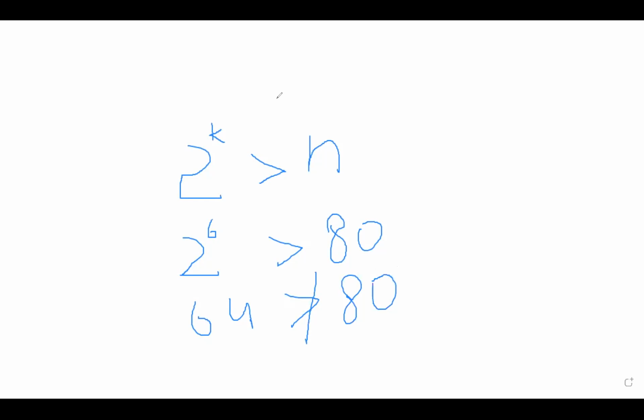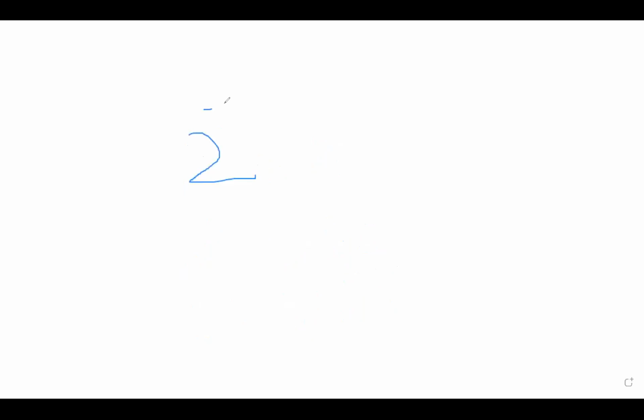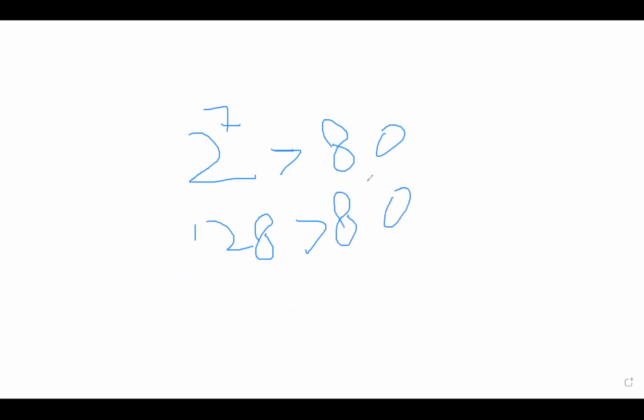So we need to move on. So 2 raised to power 7 is greater than or equal to 80. 128 is greater than 80. So yes, this is our number. 7 was K, so this 7 is our number of classes.